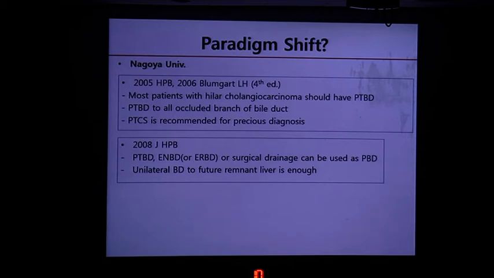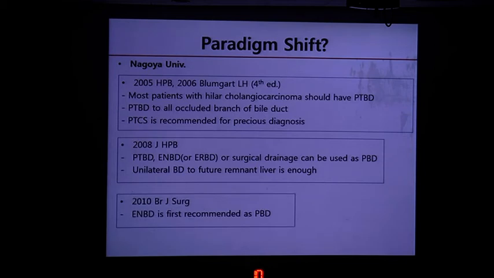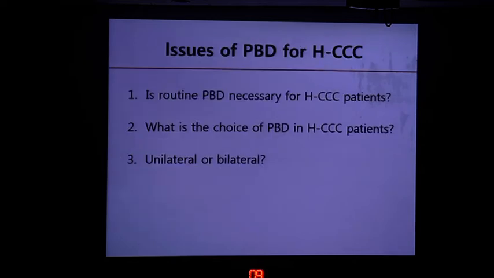And unilateral, they recommend. And 2 years later, a very important paper, EMBD is first recommended, because of the tract seeding. So also I was so confused. At last, PTBD was defeated and the era of EMBD comes.